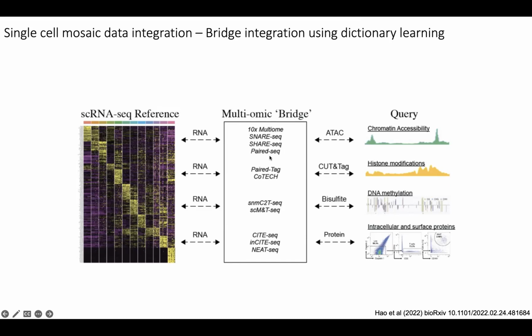So here you have a multi-omic bridge, and then you have your single-cell RNA-seq reference, and your single-omic query data set can be mapped onto your RNA reference by identifying these dictionary cells. I think it is quite interesting how creative the overall research community is in trying to tackle this problem. I think that's quite good.